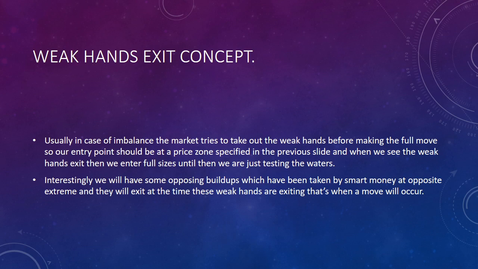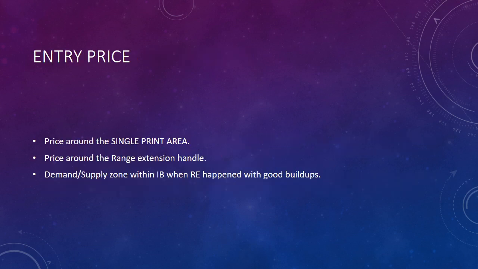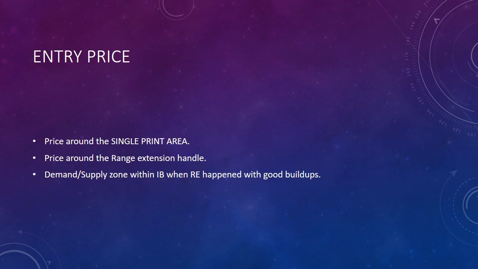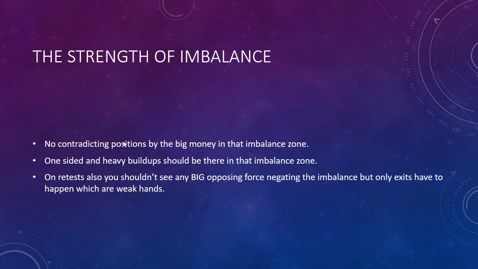This is when there is a very high probability entry, around the prices I mentioned in this slide, around the single print, around the extension, and so on. When the weak hands are exiting, you would have a perfect high probability trade.